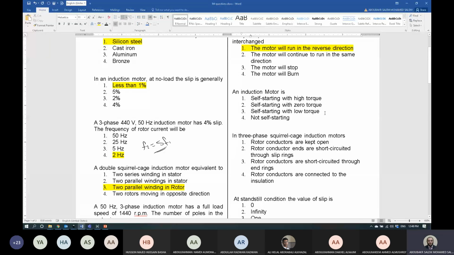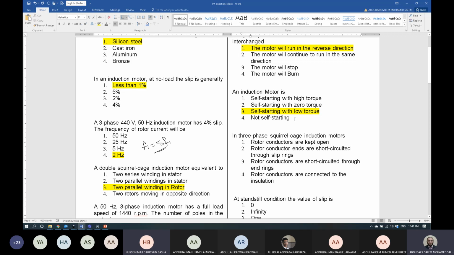So the right answer is self starting with low torque. This is the best answer of these three answers. Somebody can say it's not self start. Is it right?